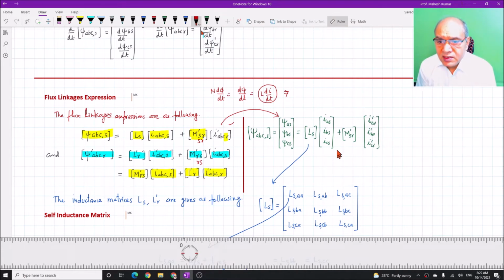And obviously the nature of these matrices must be 3 by 3 to form the variable of 3 by 1. This is 3 by 1. This inductance matrix can be written as LSAA, LSAB, LSAC, LSBA, LSBB, LSBC, LSCA, LSCB and LSCC.